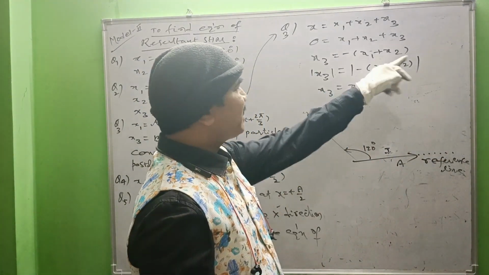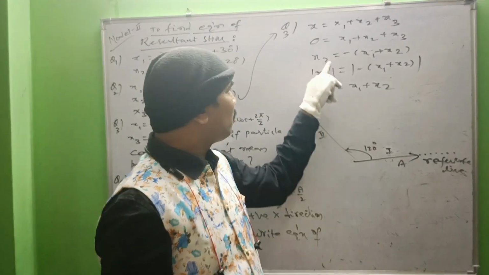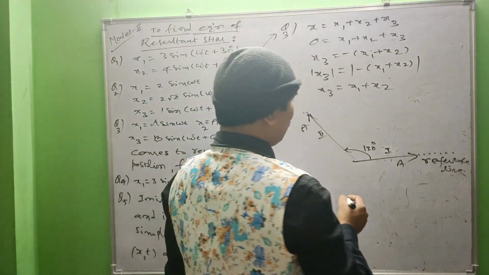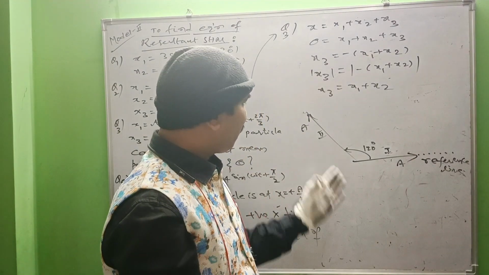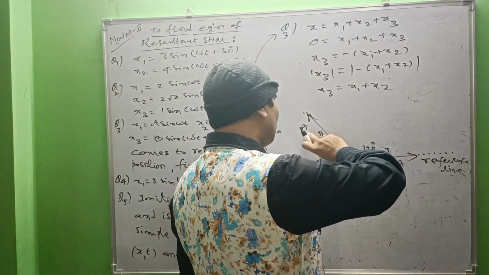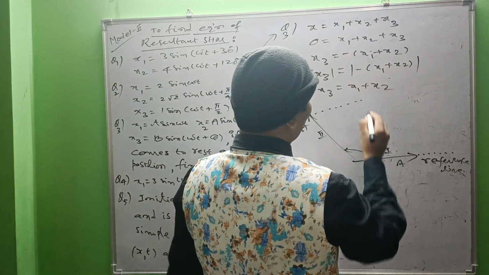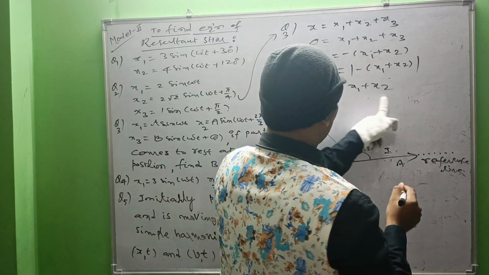Now what is x1 plus x2? The resultant of these two, that is opposite to x3. So try to draw a parallelogram by drawing one side parallel to A and one more side parallel to the other A, as shown.